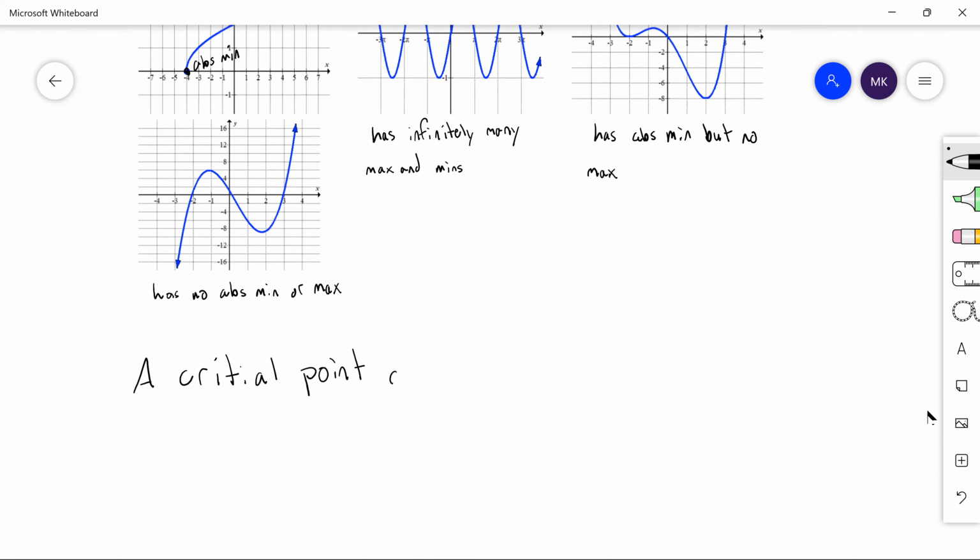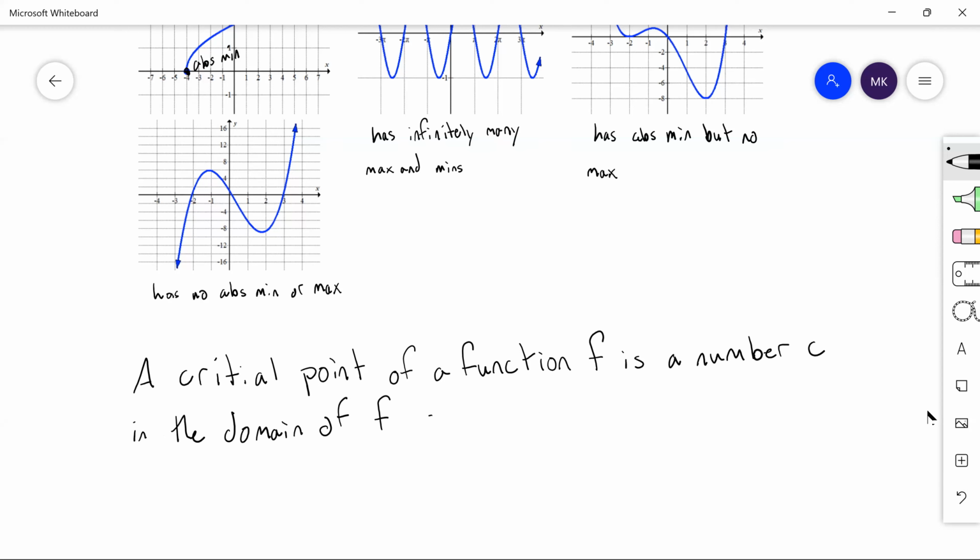A critical point of a function f, let me be more specific, is the number c in the domain of f such that f prime of c equals 0 or f prime of c does not exist.